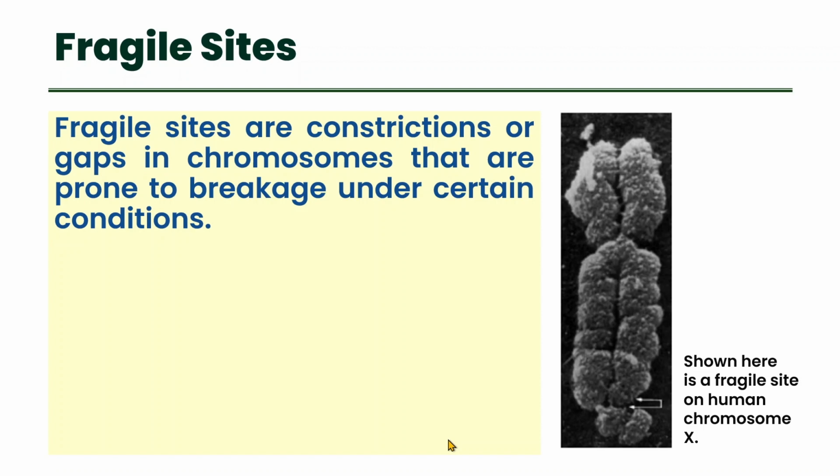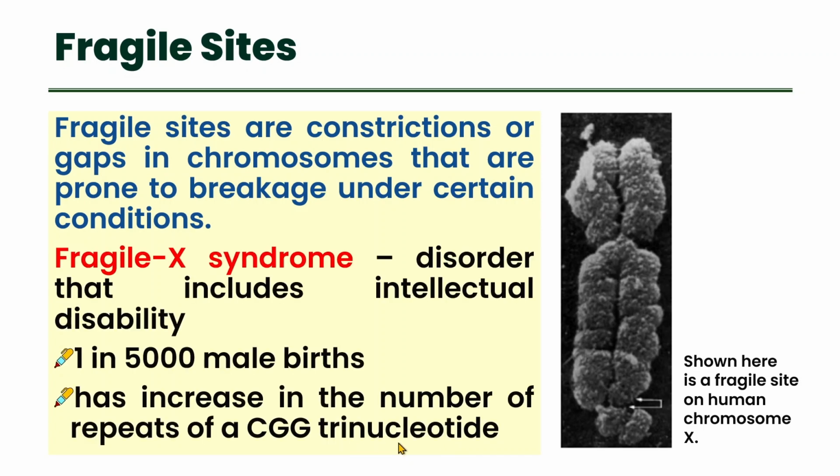After discussing major chromosomal rearrangements, like translocations in the previous slide, let's look at a more subtle form of chromosome instability, something known as fragile sites. Fragile sites are specific areas in chromosomes that appear as constrictions or gaps, and are prone to breakage under certain conditions.